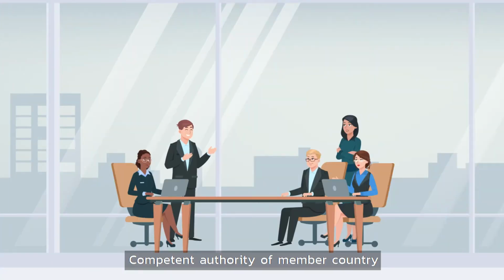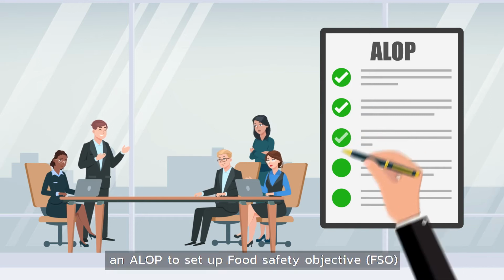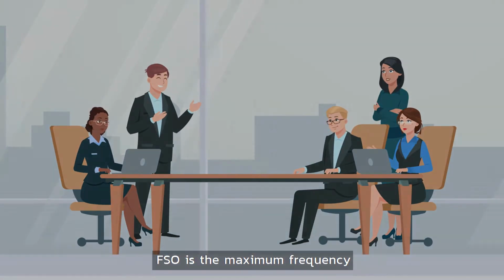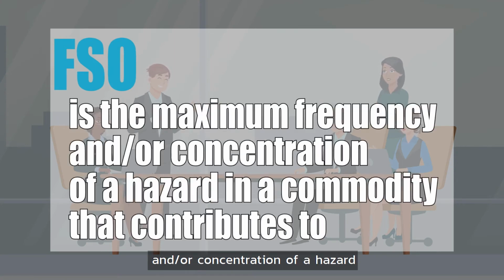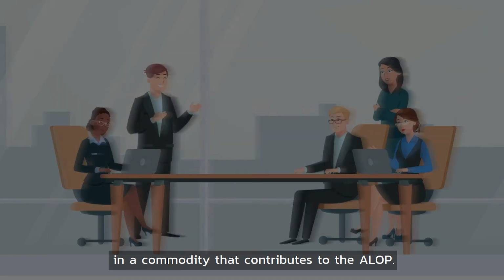The competent authority of a member country, ideally based on a governmental risk assessment and an ALOP, sets up a food safety objective, FSO. FSO is a maximum frequency and/or concentration of a hazard in the commodity that contributes to the ALOP.